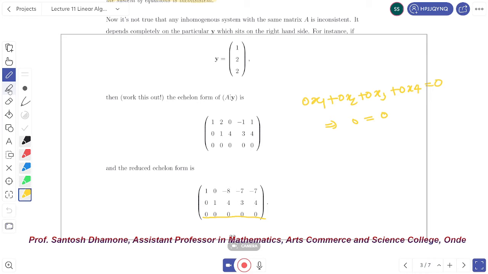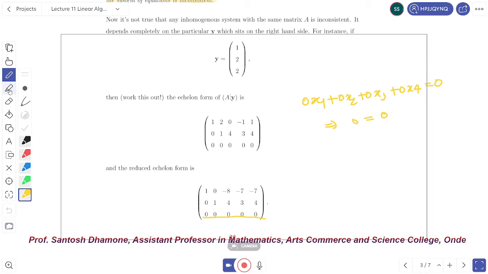Using 3 and 4 in equation 1, we get x1 minus 8s minus 7t is equal to minus 7.